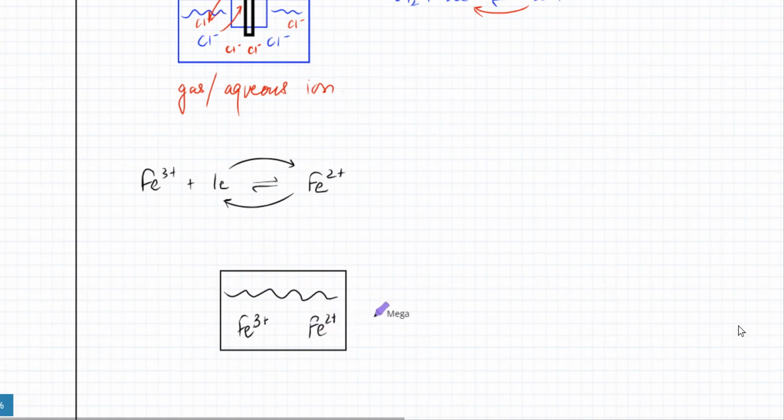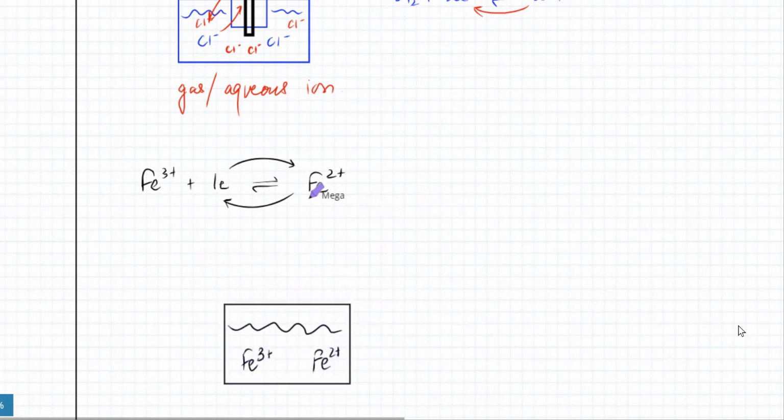Now, if Fe3+ likes to gain electrons, where would it gain those electrons? Or if Fe2+ wants to lose electrons, where would it lose them? So a metallic electrode needs to be introduced, made from inert platinum. If Fe2+ really likes to lose electrons, a lot of electrons would accumulate on the metallic electrode, because Fe2+ would start to produce electrons.